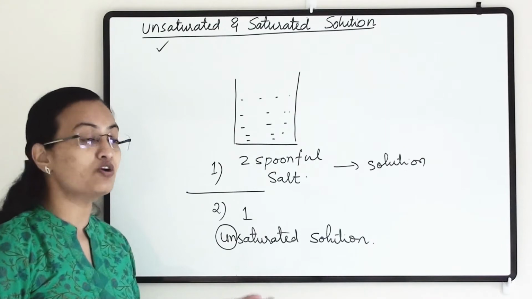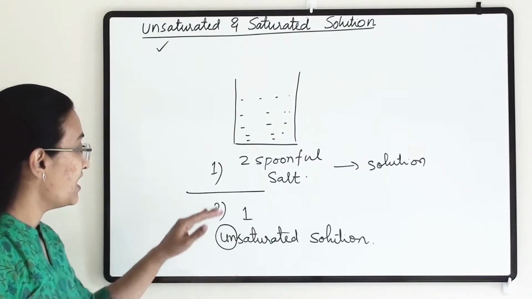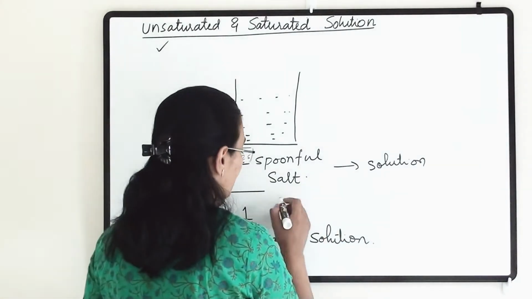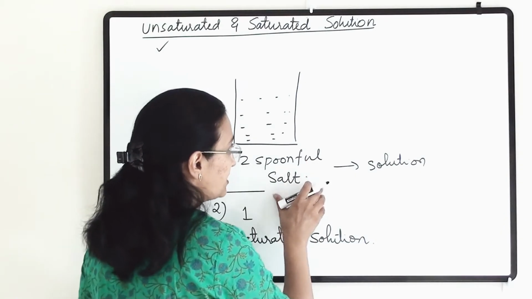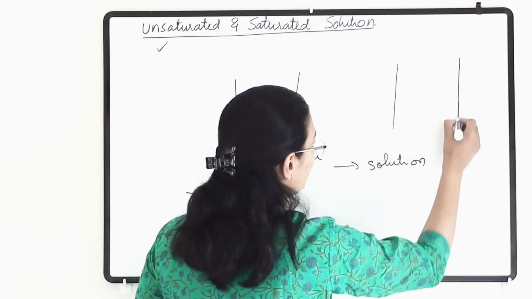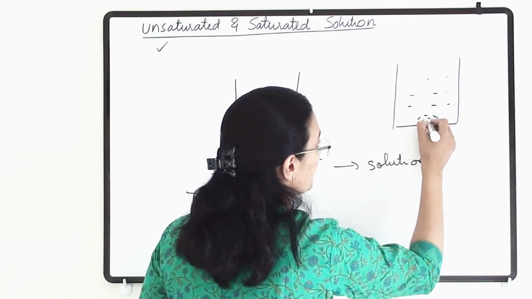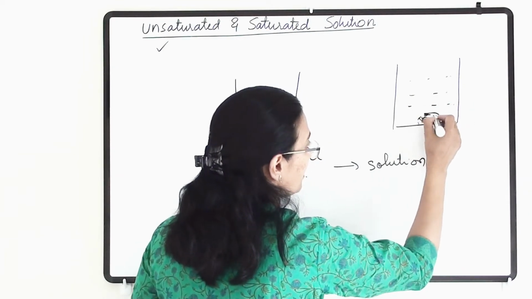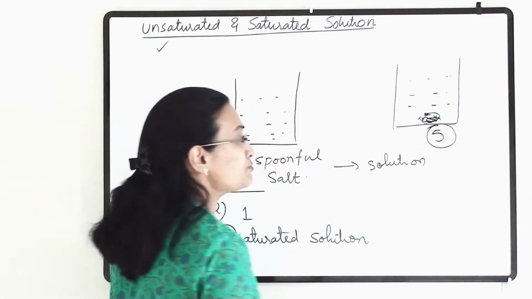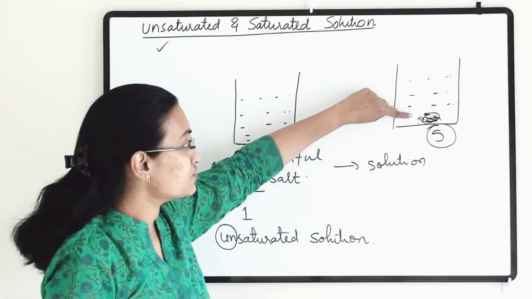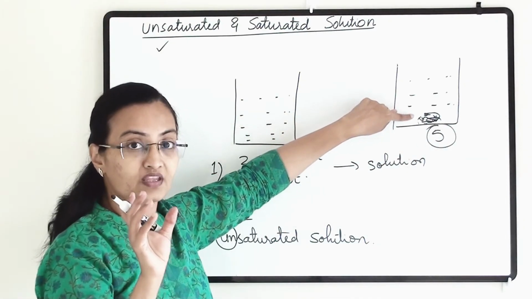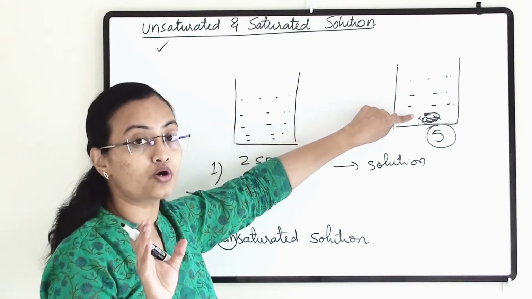Then what is the meaning of saturated solution? After adding 5 spoonfuls of salt, some of the salt will remain at the bottom of the beaker because now it cannot dissolve any more salt. It is not dissolving and will lie at the bottom of the beaker.